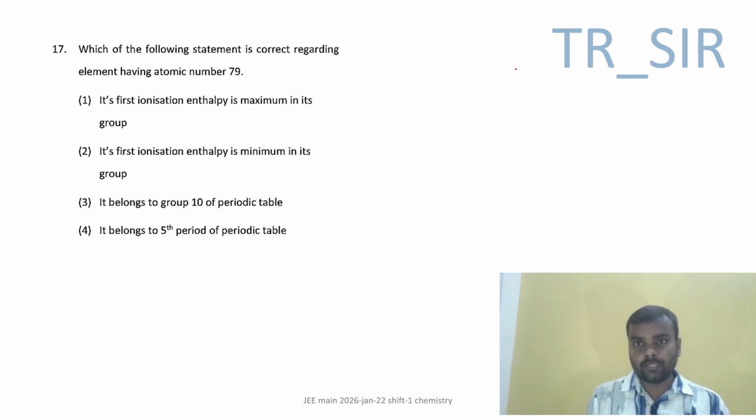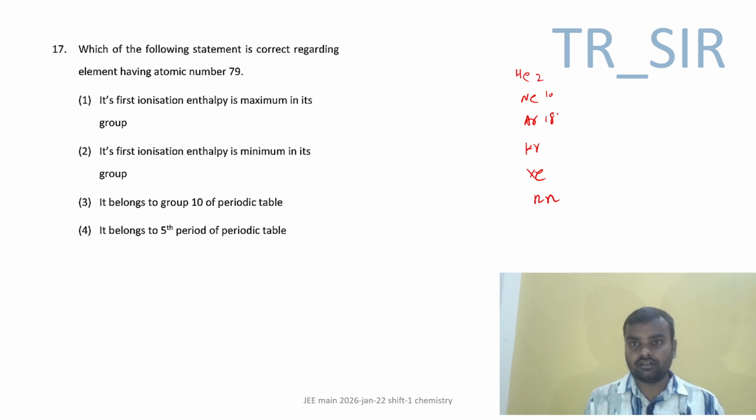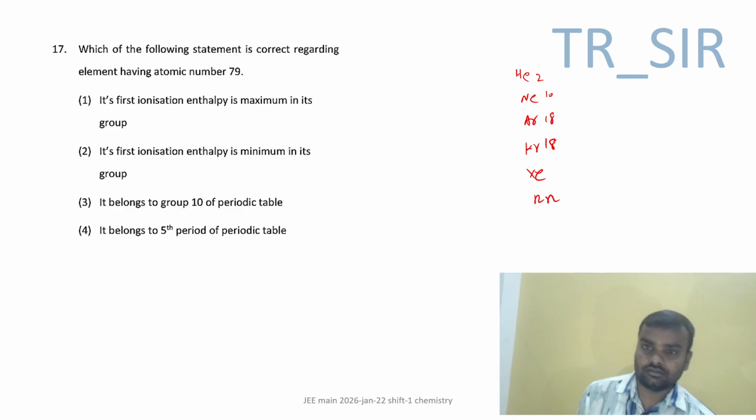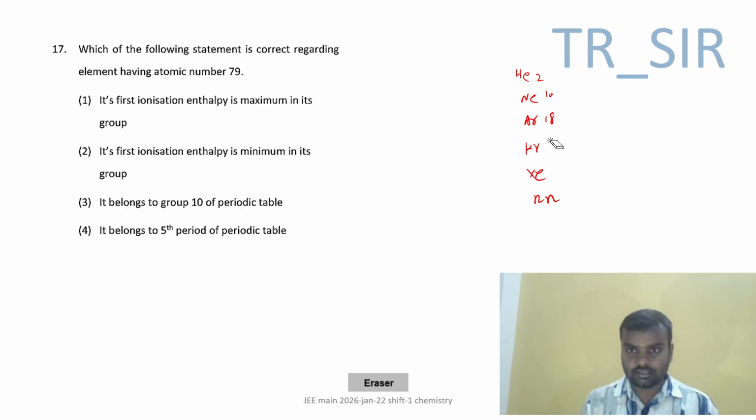If I take this one now, let us take helium, neon, argon, krypton, xenon, radon. Their atomic numbers are 2, 10, 18, 36, 54 and 86. So it's 79.